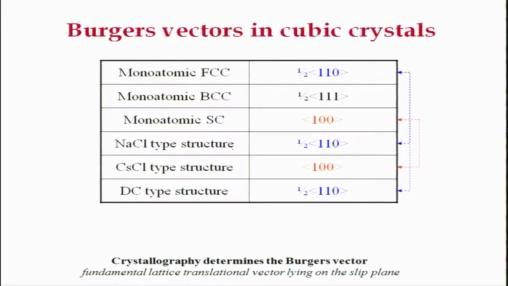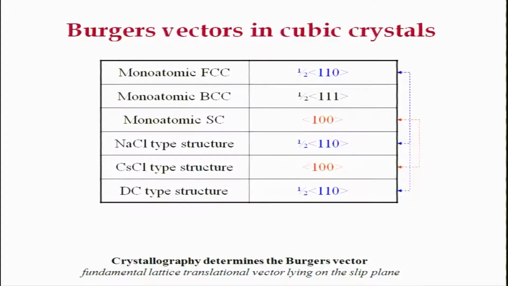For sodium chloride it would be half 110 because it is an FCC lattice. However, for a cesium chloride structure it is 100 because there is a cesium atom sitting at a simple cubic position and a chlorine atom sitting at a simple cubic position. As a result, the vector is of simple cubic, although the structure looks like BCC, it is not BCC.